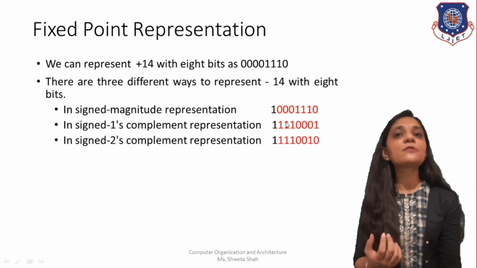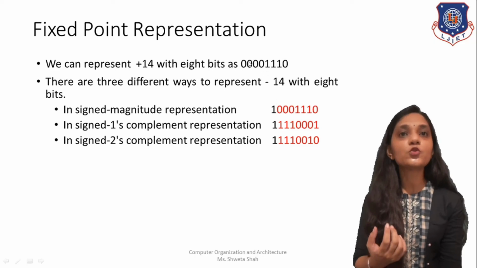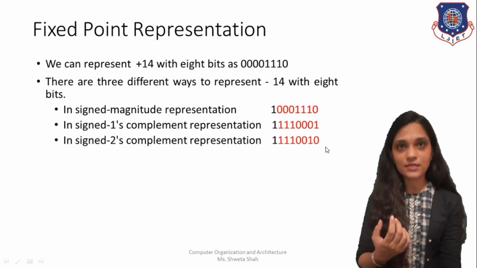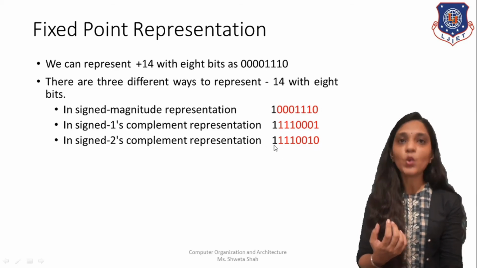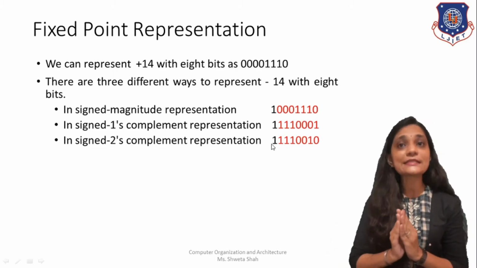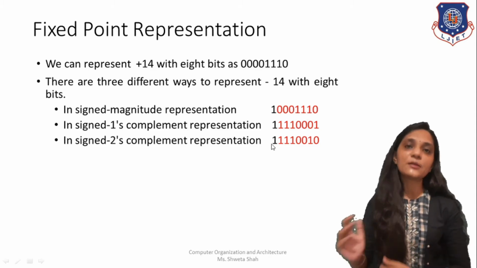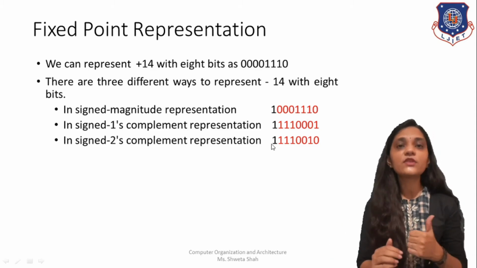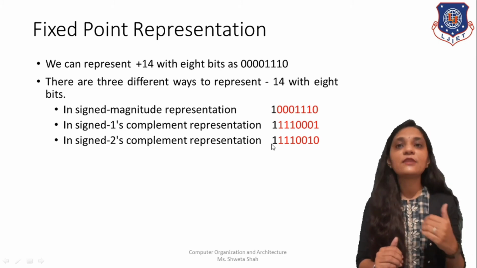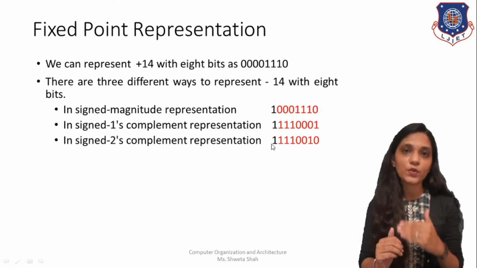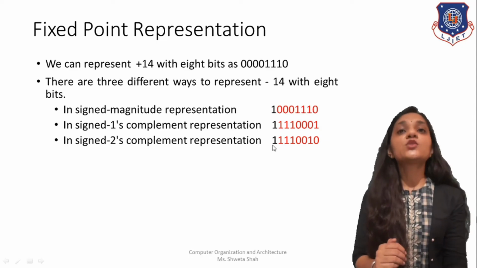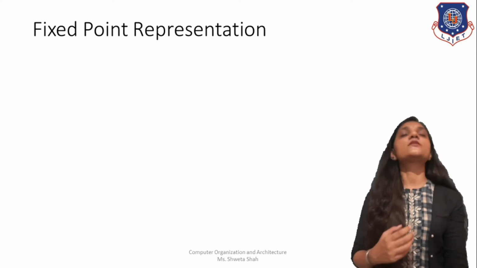For 2's complement representation, you have to find the 2's complement of these 7 bits, and that will be 1 1 1 0 0 1 0, and append the sign bit as 1. So in this way you can represent your signed number in fixed point representation. For a positive number, the sign bit is 0, for a negative number the sign bit is 1, and the rest of the bits can be in the form of sign magnitude, 1's complement or 2's complement of the actual number.